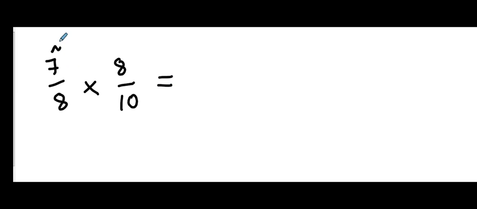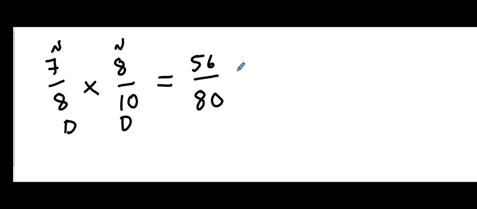One more time, numerator times numerator, denominator times denominator. So 7 times 8 gives us 56, and then 8 times 10 gives us 80. Now because they're both even numbers, we know they definitely will have common factors. So we're going to take a look at what their common factors are.